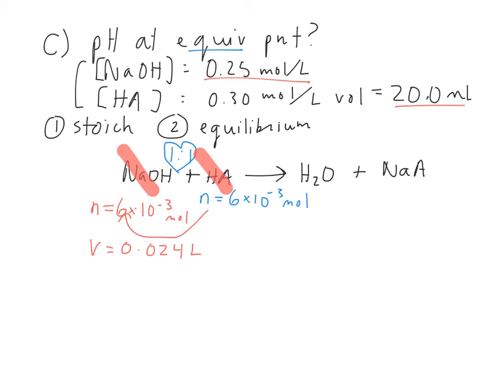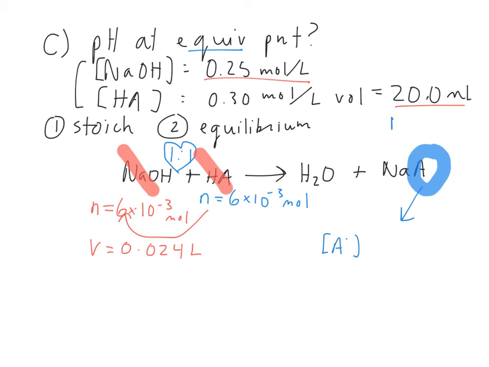The problem here is you're making something that's going to have an effect on the pH, okay? So even though you're consuming both of your reactants, you need to think about what you're making. Again, you're making, whoa, that's blobbier than I hoped for. You're making acetate, okay? So I want to know what concentration of acetate I'm making.